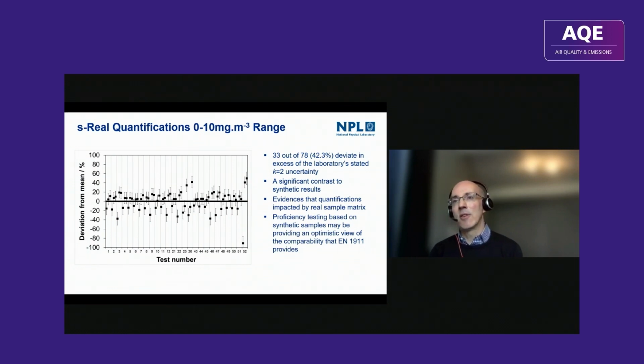This is potentially an interesting observation because, when you look across Europe, there are a lot of proficiency testing schemes based on synthetic type samples where you only have chloride in the solution that is sent out. On that basis, we might be getting a slightly optimistic view of the actual comparability we have across the community that EN 1911 is providing us.